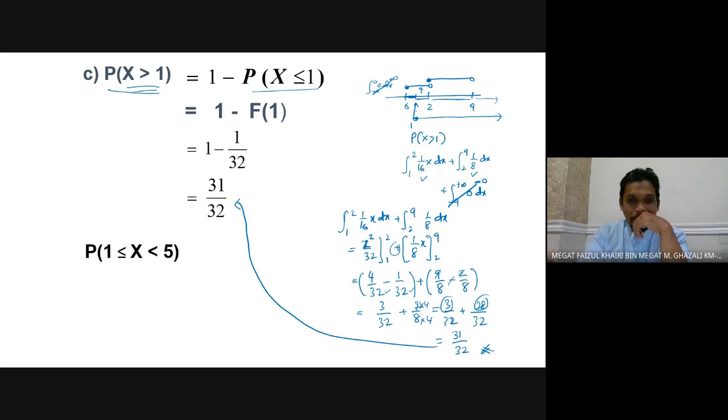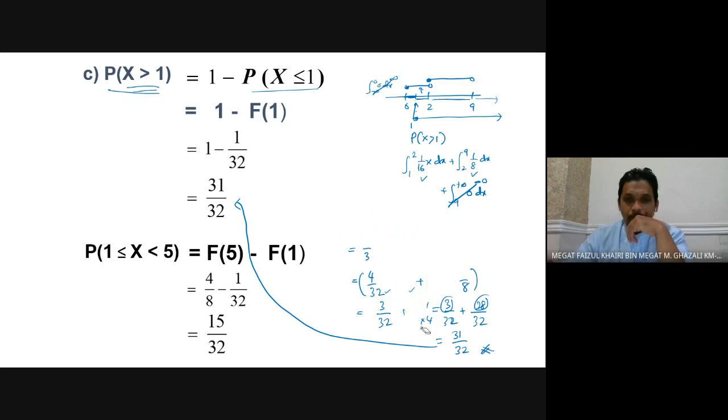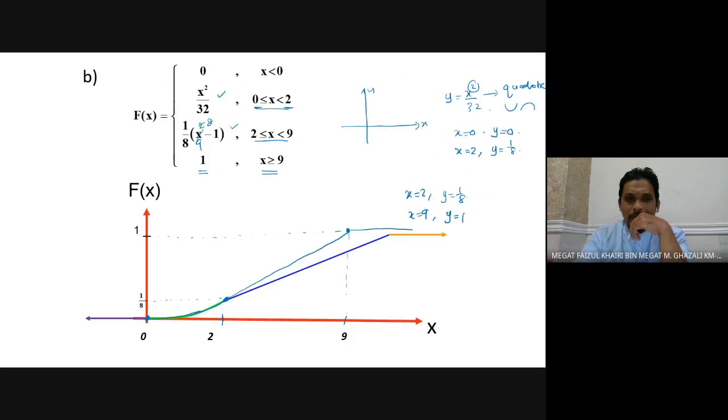Okay, then for this one here, you may use F5 minus F1. What is the cumulative function just now? x squared over 32, and 1 over 8, x minus 1.